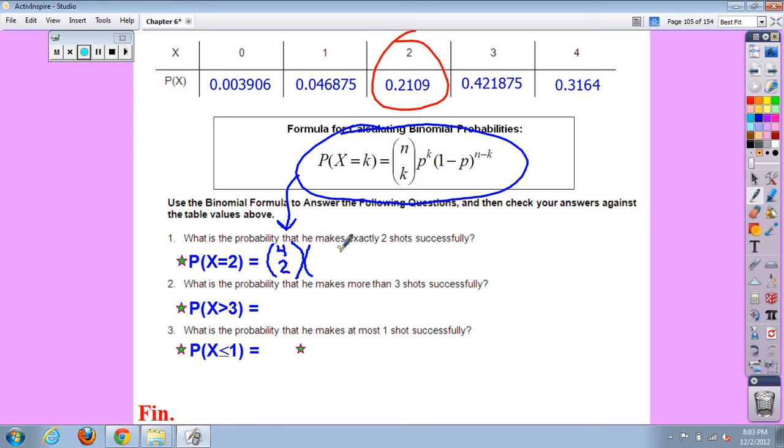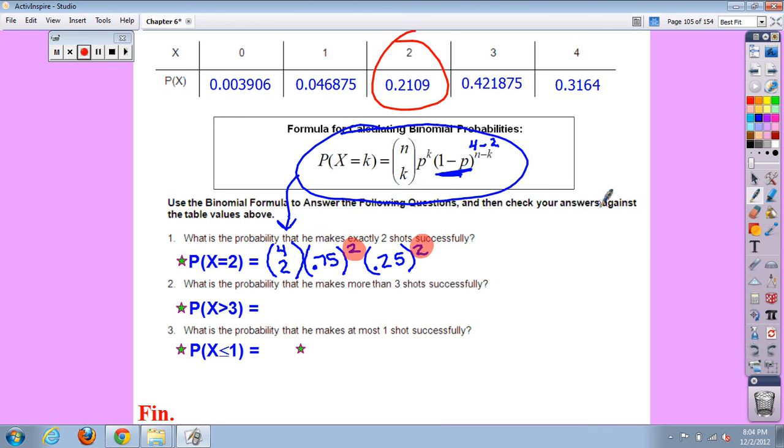Then times the probability of success, this p right here, which was 0.75, to the 2 because I want to make 2 shots, times the probability of failing, this 1 minus p, which was our 25%, and then n minus k in this case is 4 shots minus 2 successes, which means I need 2 failures. So you will notice that this exponent and this exponent together need to add up to equal n, the total number of attempts.